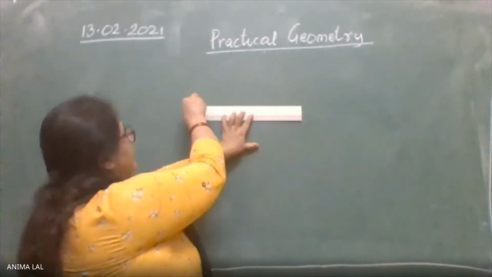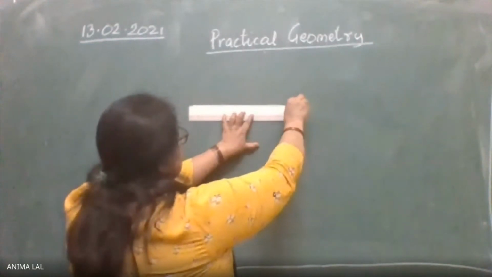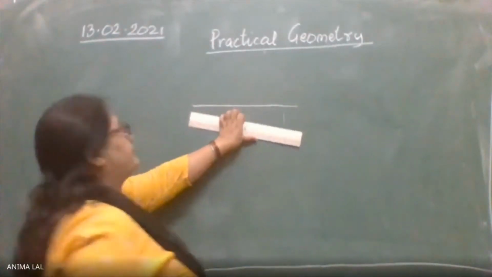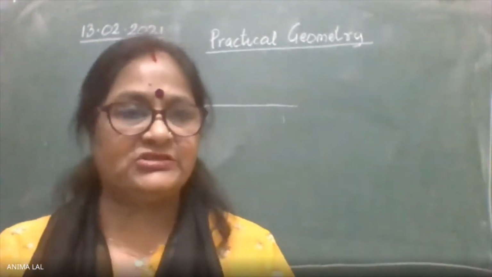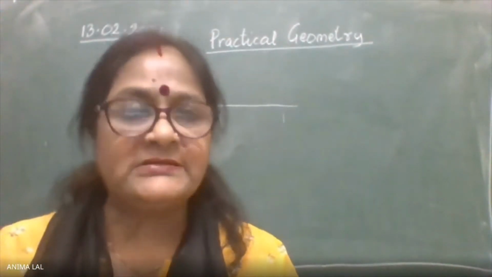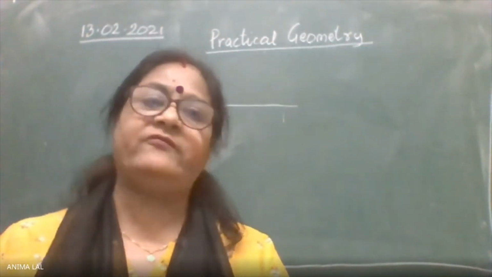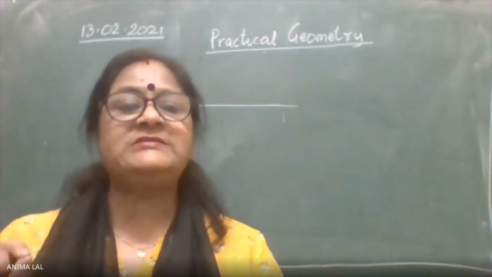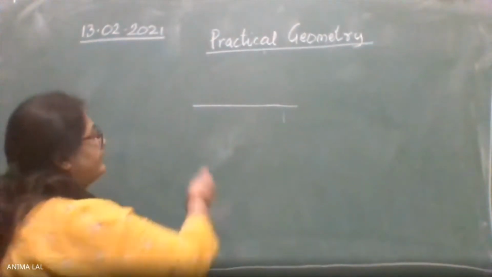Then draw a straight line using a single stroke. Remember, a line does not have thickness. It should be drawn with the tip of your pencil. Just a single stroke.